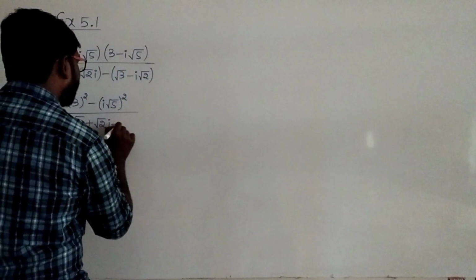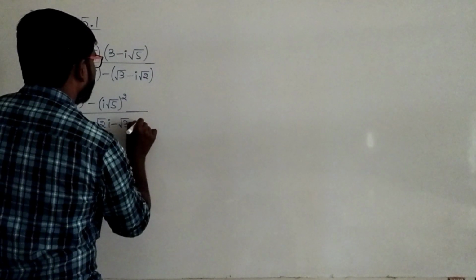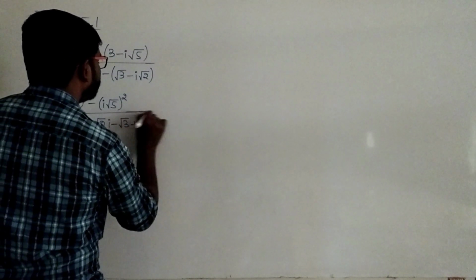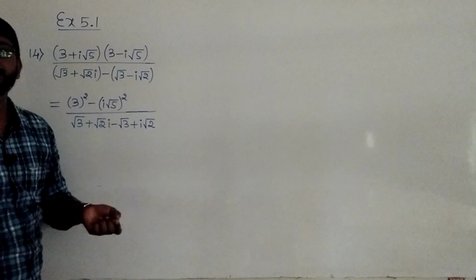What do we get now? Minus root 3 and then minus into minus, it is plus i into root 2. Now we have to simplify this.